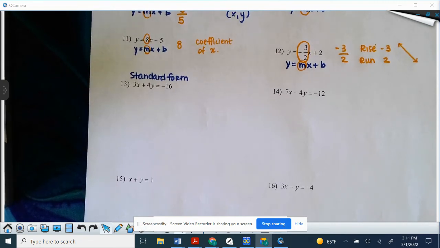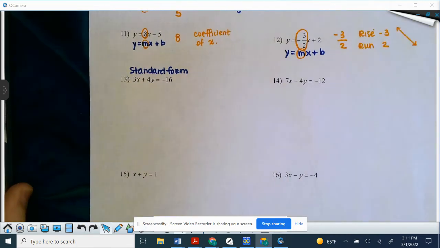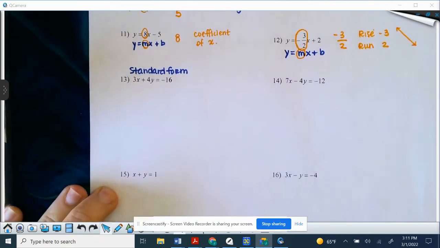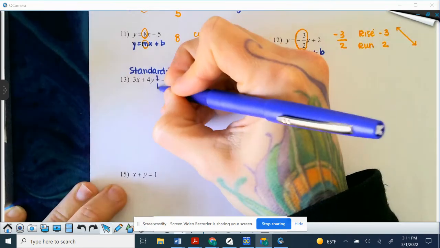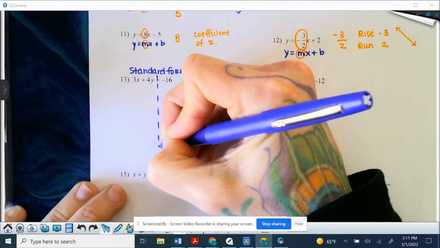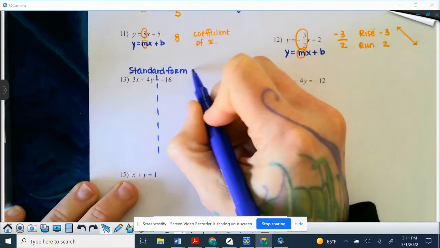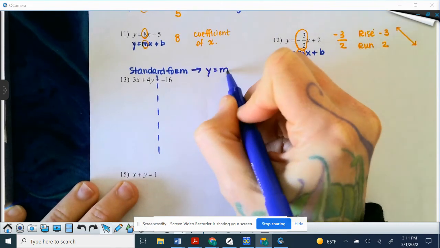Standard form is probably the worst way you can get a linear formula handed to you to then start asking questions about it. It is no different than literal equations or solving multi-step equations. So you just have to find the pattern, which means do enough of them, or write out the steps and follow the steps. So your great divide, we want y by itself because we're going to switch it to y equals mx plus b form, which is slope-intercept form.